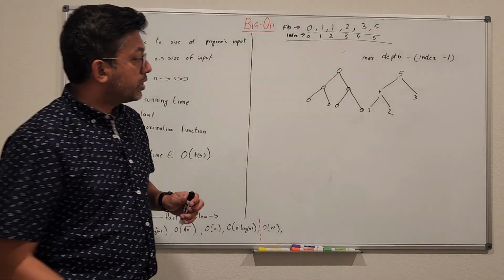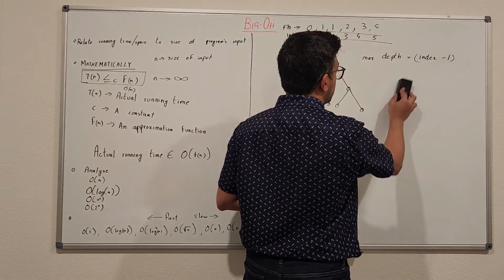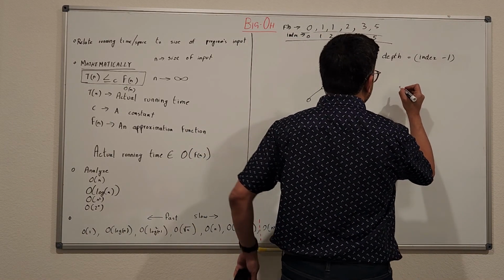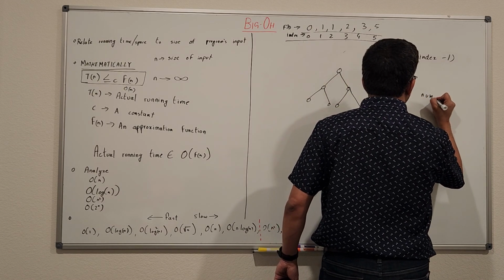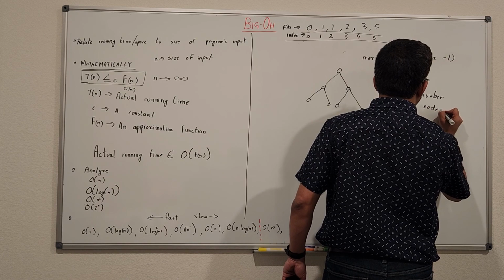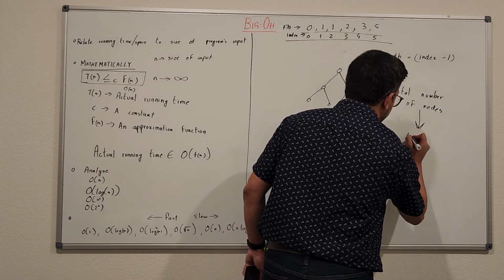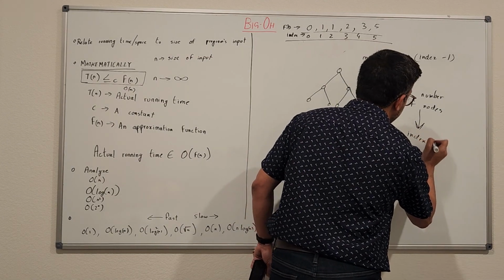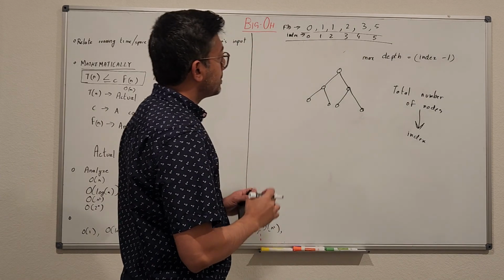Now if I can find the total number of nodes and find its relation to the input size, which is the index, pretty much my job is done.